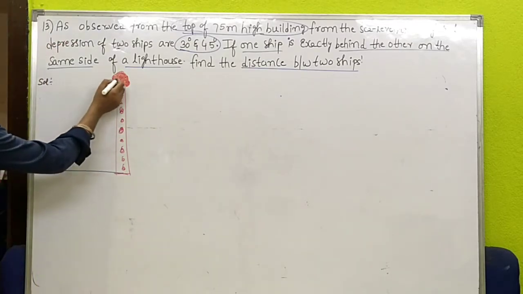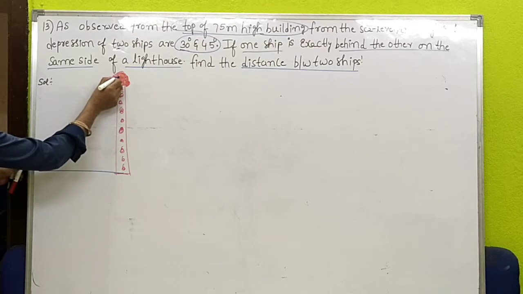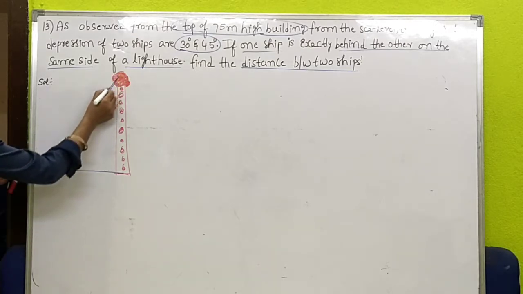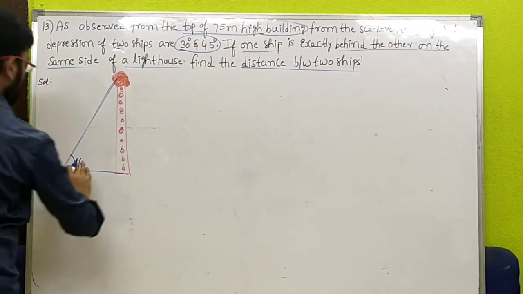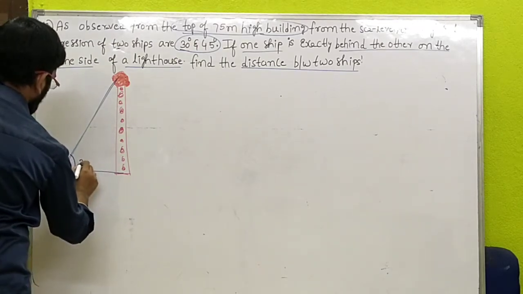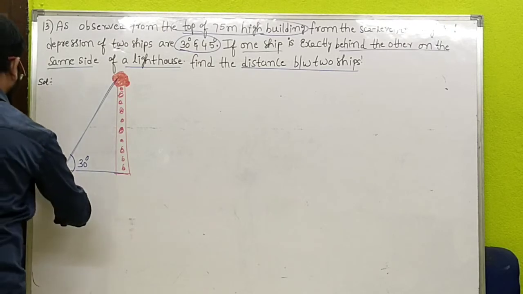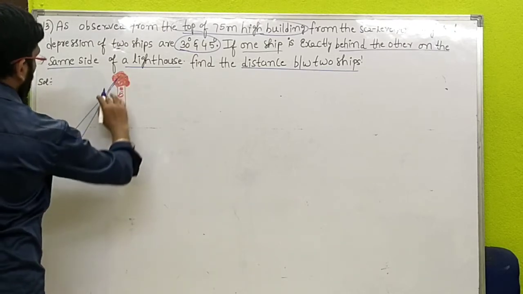Observing from here, one ship is at 30 degrees, and another ship is at 45 degrees, from the same point.